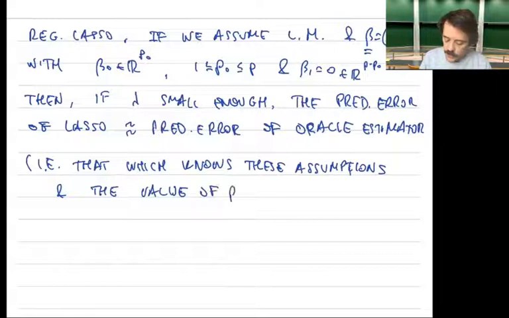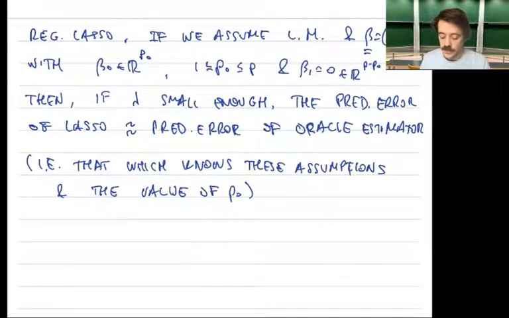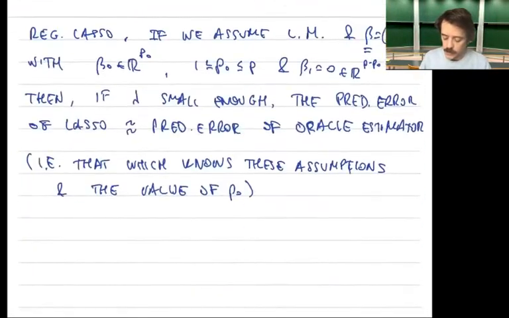So it can exploit these things. It turns out that lasso, even not knowing these things, will have prediction error that is comparable to this.